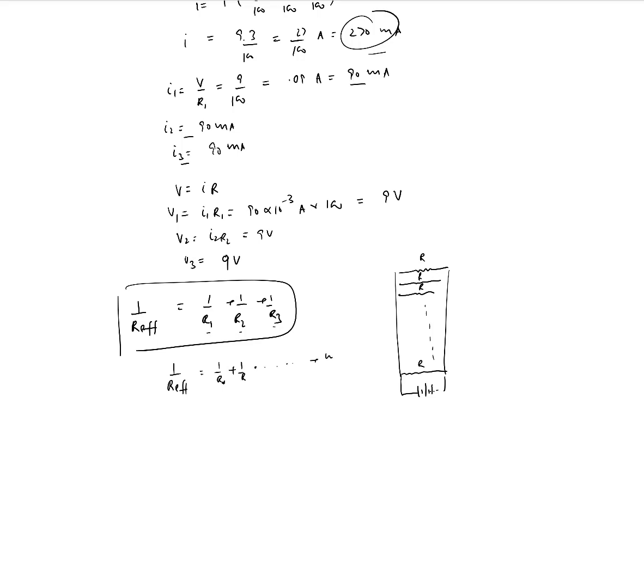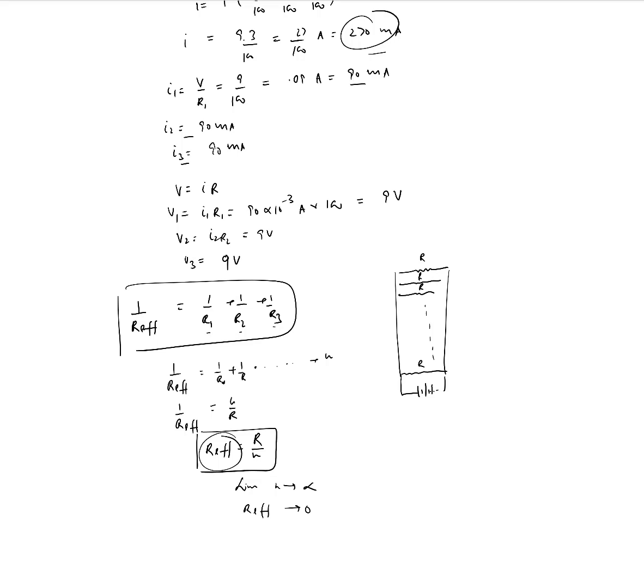If it continues up to n times, this would be n over R, right? So 1 over R effective would be n over R, which means R effective would be equal to R divided by n. Yes? So if in the limit the n goes to infinity, what happens to R effective? R effective actually becomes 0. So if you have infinite number of resistors acting in parallel, then the effective resistance is 0.